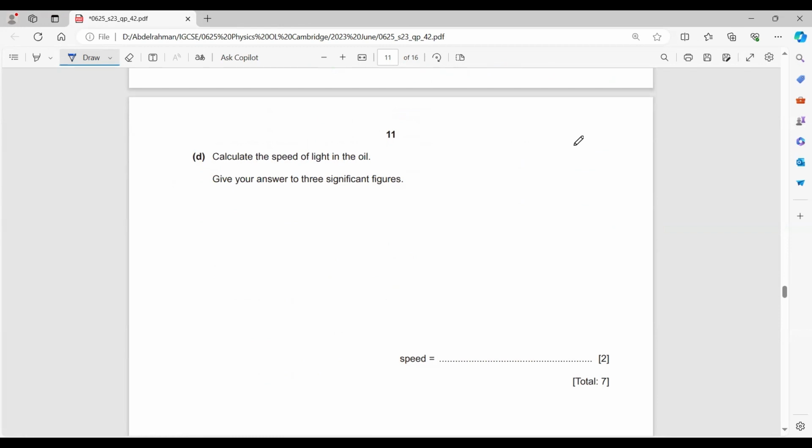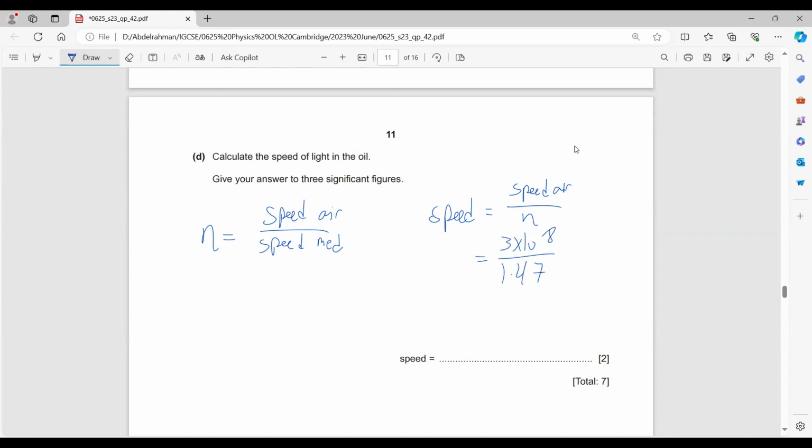Calculate the speed of light in the oil. n is equal to speed of light in air over the speed in oil. Then we will change it to find the speed in oil. Speed in medium is equal to speed in air over n, which is basically 3 times 10 to the power of 8 over 1.47.